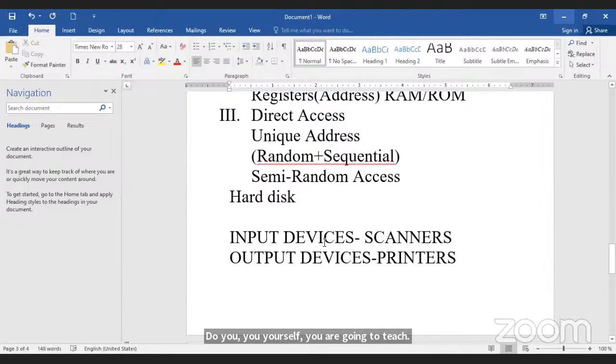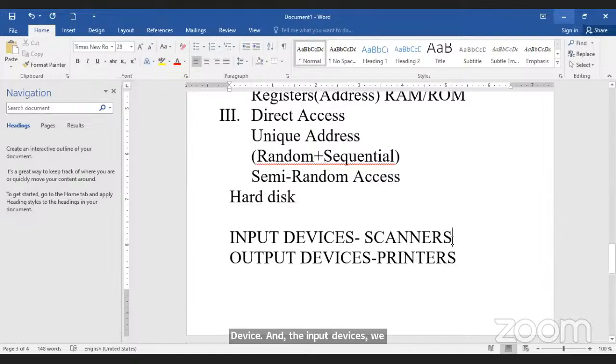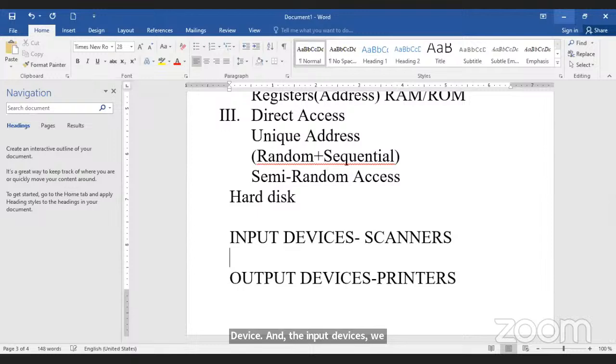So let us have a look at input devices. In input devices, we have taken the case of scanners.